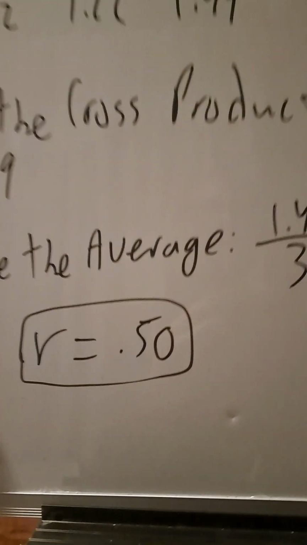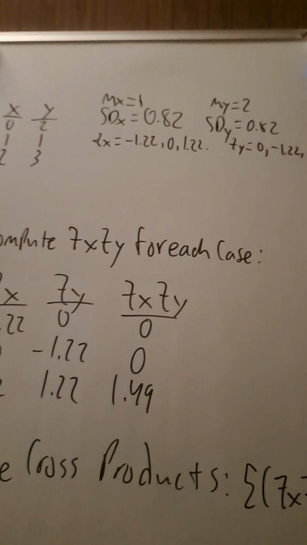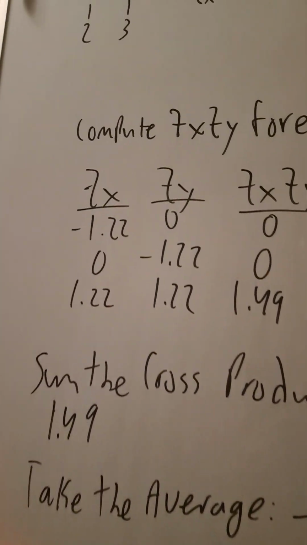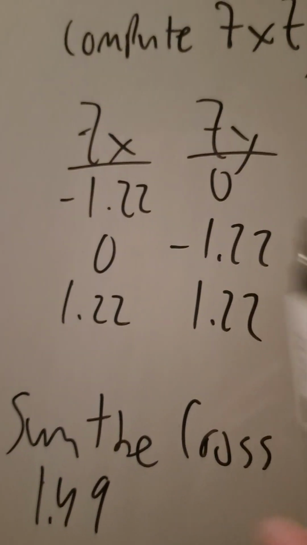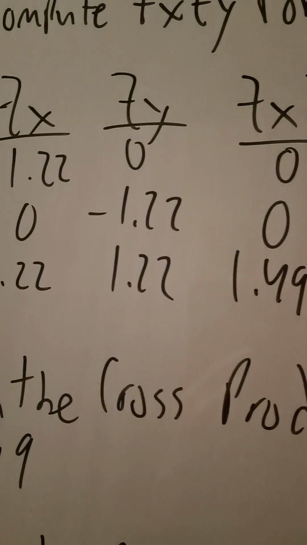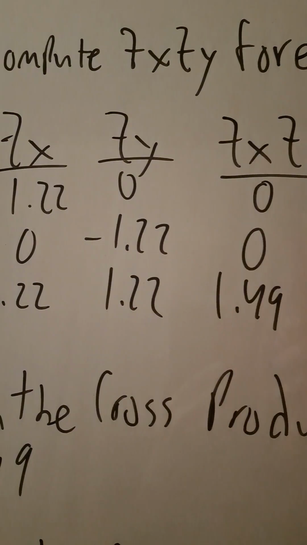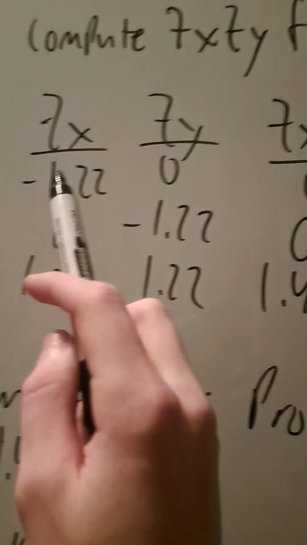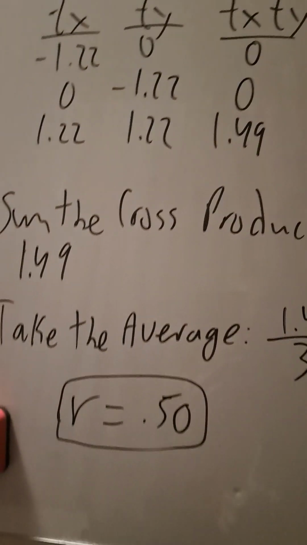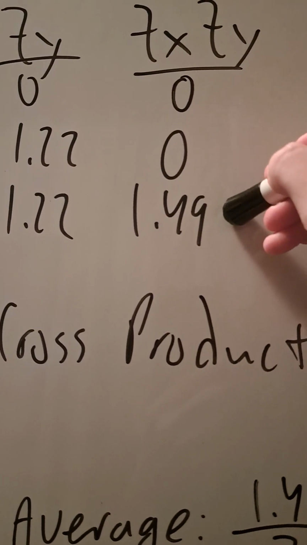So really, it's just a few more steps away from calculating our z-scores. Once you calculate your z-scores, all you have to do is create a new table with your z of x's and your z of y's and multiply across the row. Negative 1.22 times 0 is 0, and so on. Then just add up the products that you get.